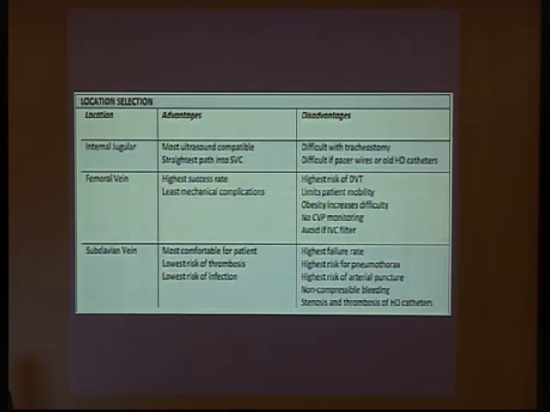So we have internal jugular, femoral vein, and subclavian veins for insertion. Internal jugular is the most commonly used vein for cannulation, and it is the most ultrasound friendly. On the other hand, femoral vein cannulation has the highest success rate and the least mechanical complications, no pneumothorax, no hemothorax.